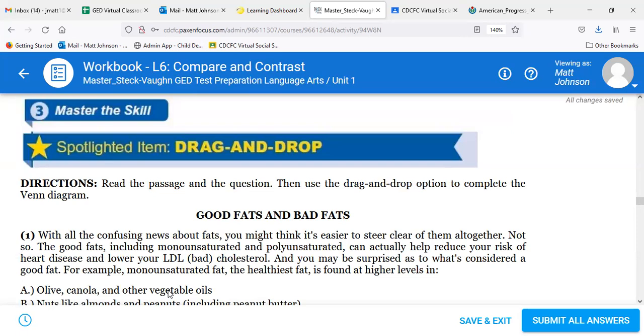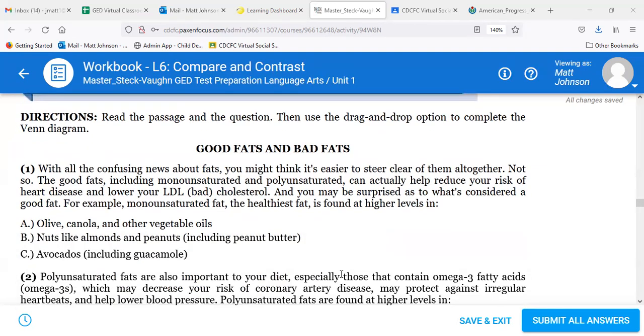The good fats, including monounsaturated and polyunsaturated, can actually help reduce your risk of heart disease and lower your LDL, your bad cholesterol. And you may be surprised as to what's considered a good fat. For example, monounsaturated fat, the healthiest fat, is found at higher levels in olive, canola, and other vegetable oils.